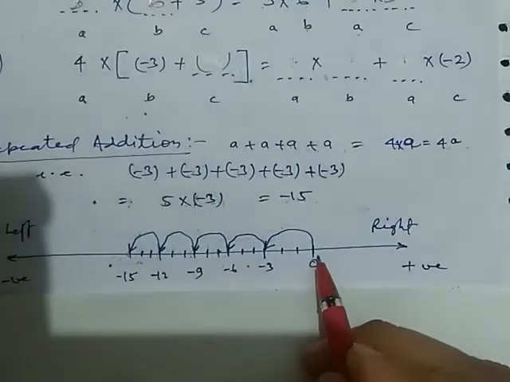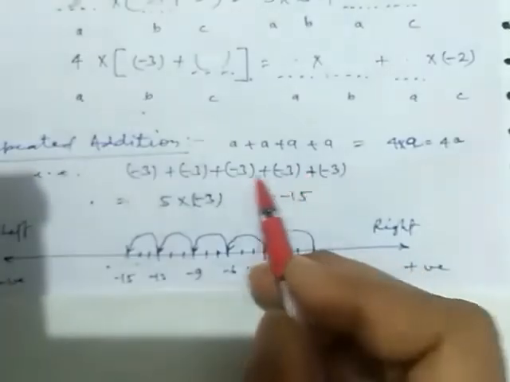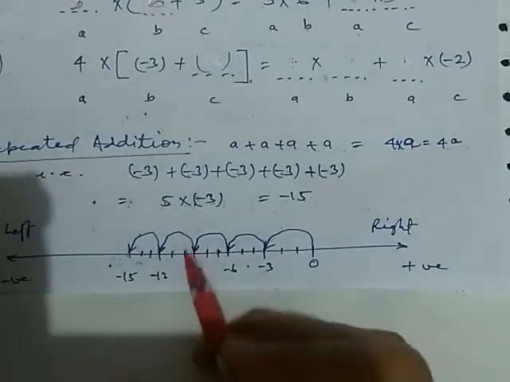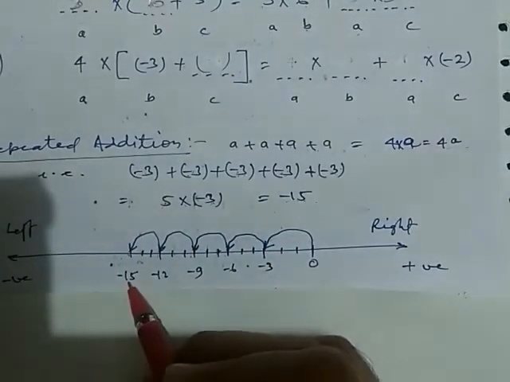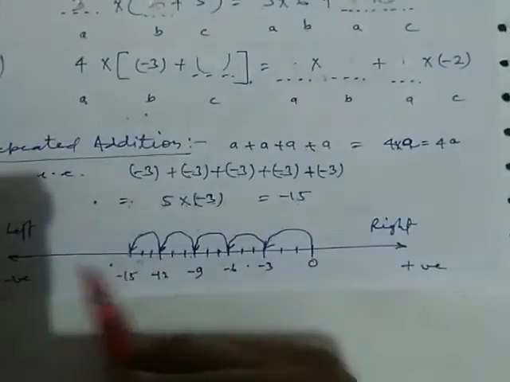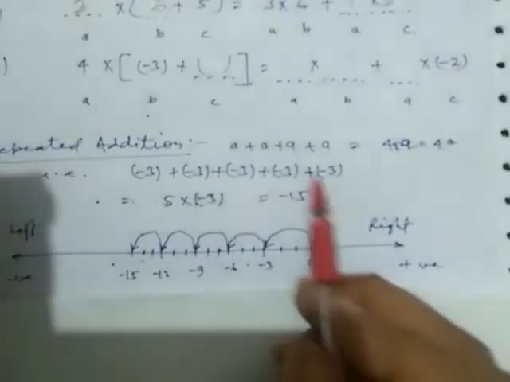So when we start from 0 and we use this minus 3 5 times, 1, 2, 3, 4, 5, we get minus 15. Or here we also get minus 15. So the number line shows that this is correct.